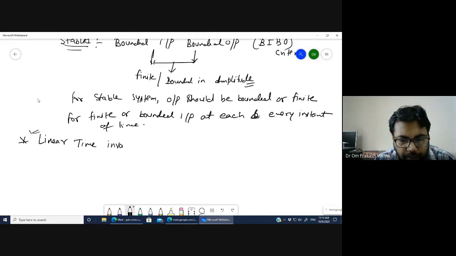All whatever we have studied is an example of a time invariant system only. It is also known as the LTI system.